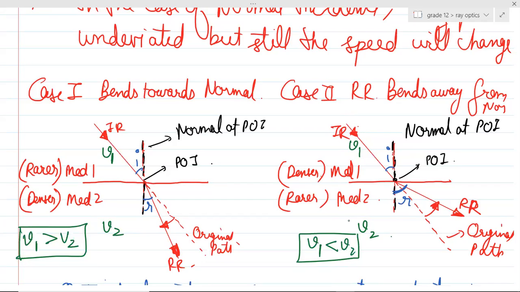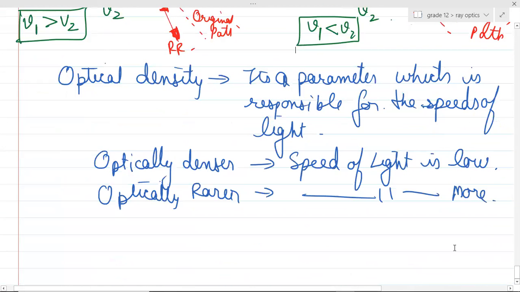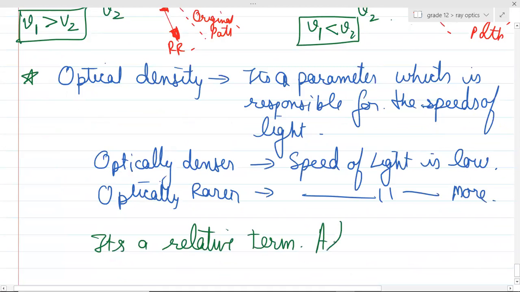And also please remember, this optical density is always relative. You compare between two mediums: this medium is much more optically denser as compared to this medium, right? So optical density is a relative term, always used to compare between two mediums.